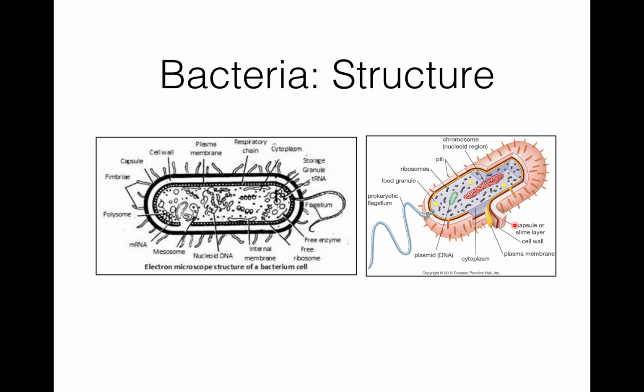Capsule is the outermost layer of many bacteria. But when the components of the capsule are loosely arranged, then it is called a slime layer. On the basis of presence or absence of capsule, bacteria can be divided into 2 types, that is capsulated bacteria and non-capsulated bacteria.